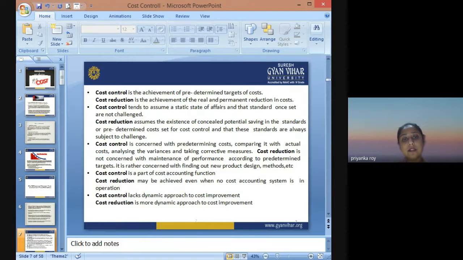It is rather concerned with finding out new product designs, methods, etc. Cost control is a part of cost accounting functions. Cost reduction may be achieved when no cost accounting system is in operation. So cost control lacks a dynamic approach to cost improvement, whereas cost reduction is a more dynamic approach to cost improvement.